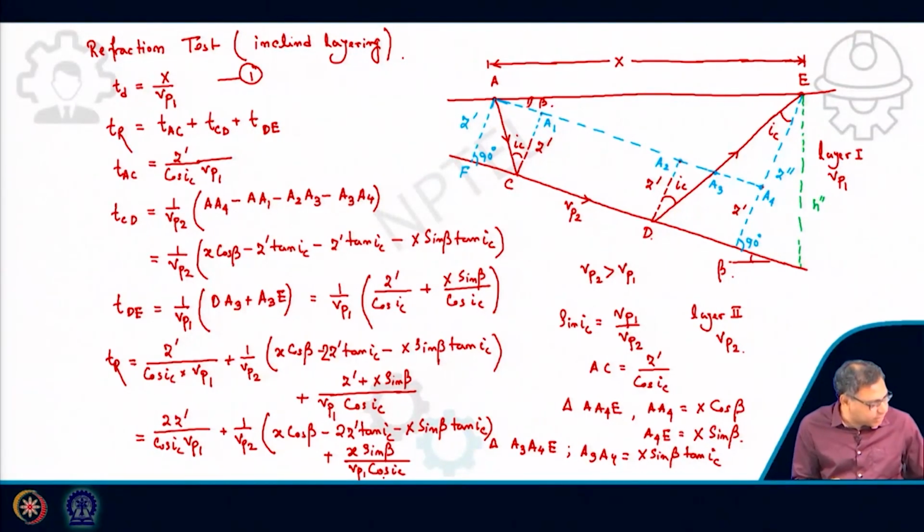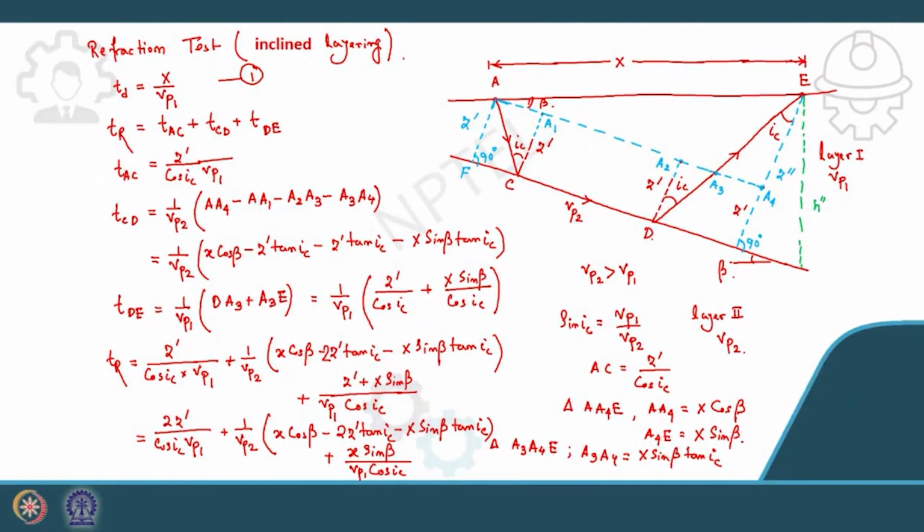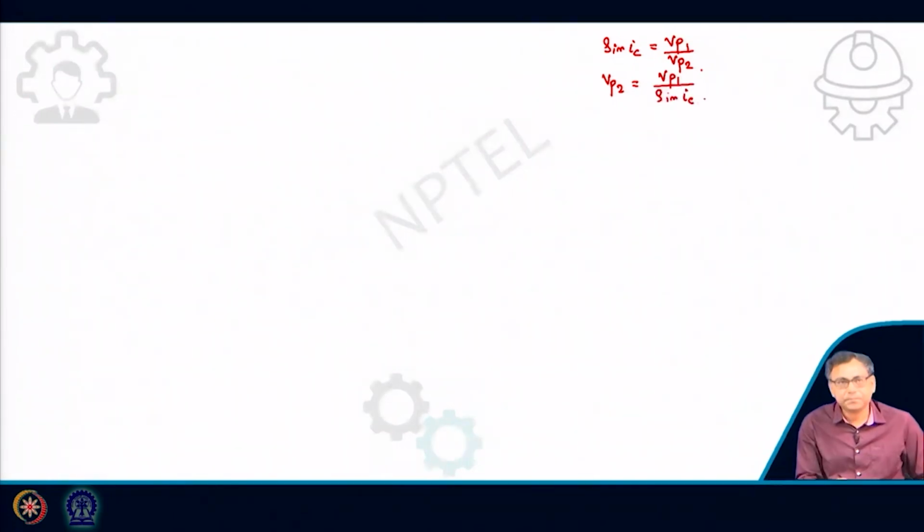Now, in this equation, if I replace VP2, I know that sin IC is equal to VP1 by VP2, and similarly I can write VP2 equal to VP1 by sin IC.